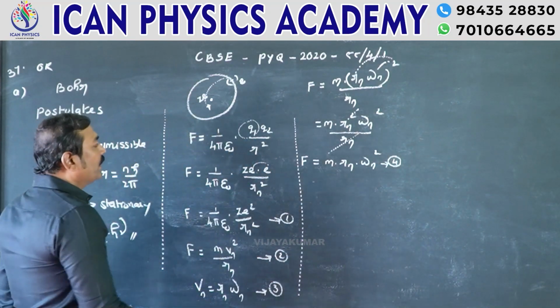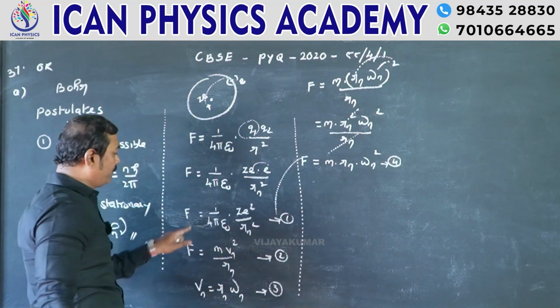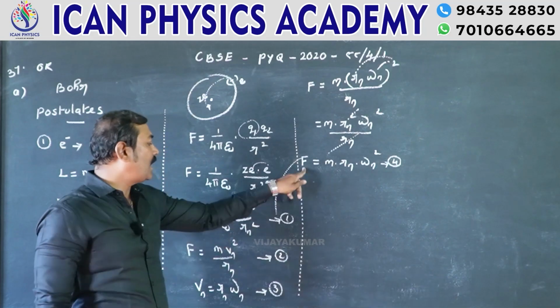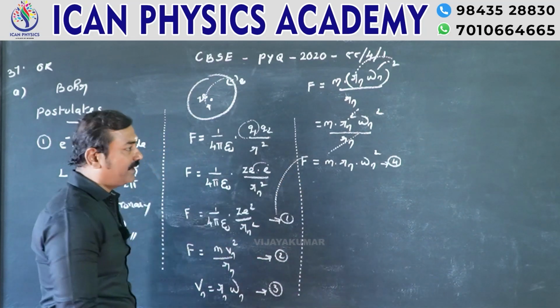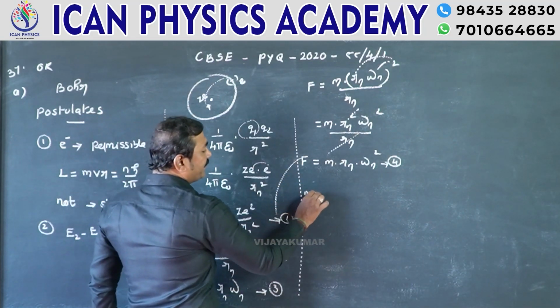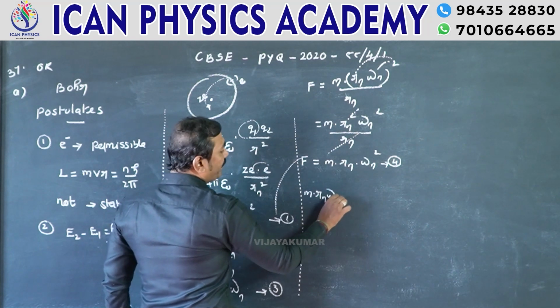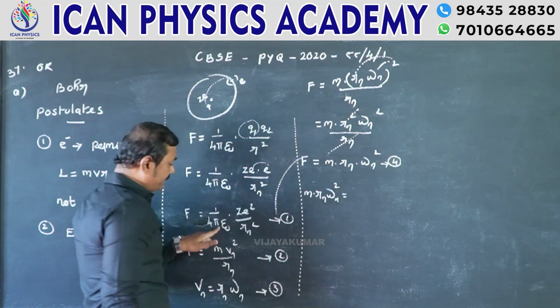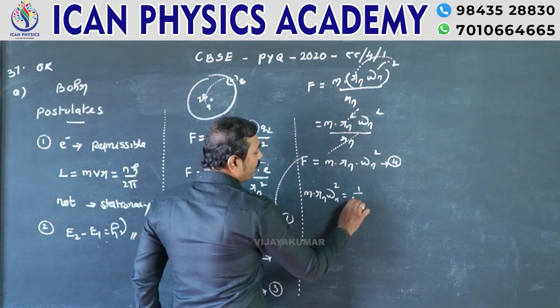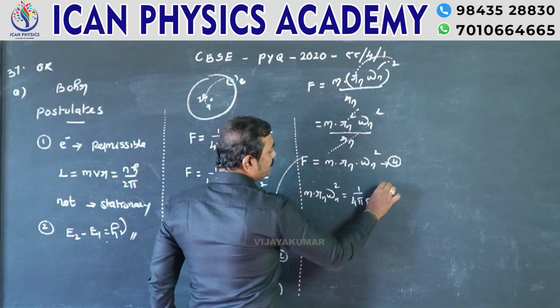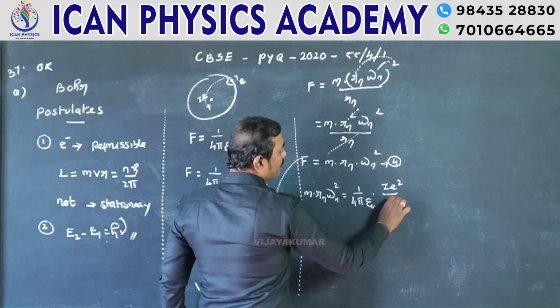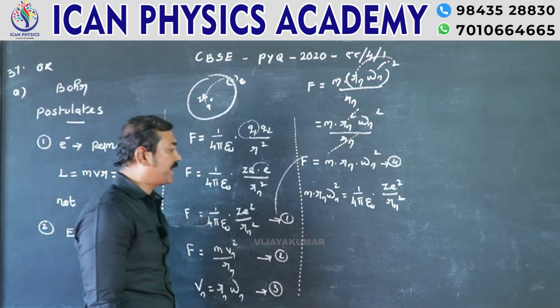Okay. Now compare 1 and 4. When LHS are equal, automatically RHS are equal. So m Rn omega n squared equal to 1 by 4 pi epsilon 0 Z e squared by Rn squared. Okay.